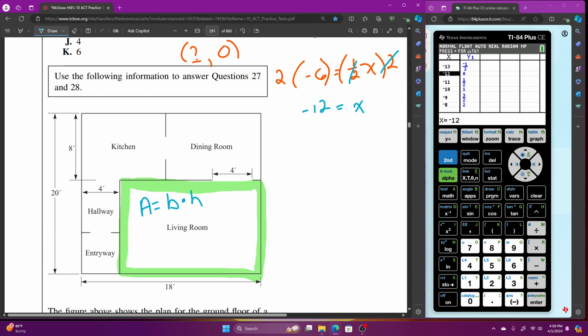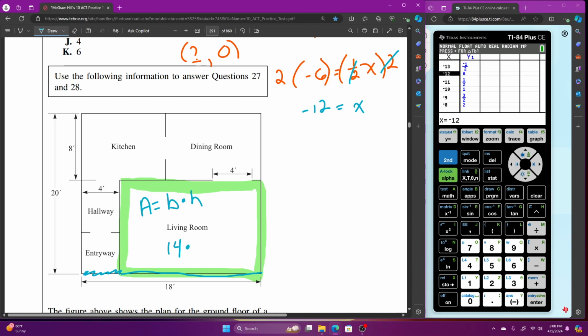So my base or my length across here, if all the way across is 18, but I don't want to count this part, I need to do what for the 4? Take away. Thus, 18 minus 4 is 14 times the height.